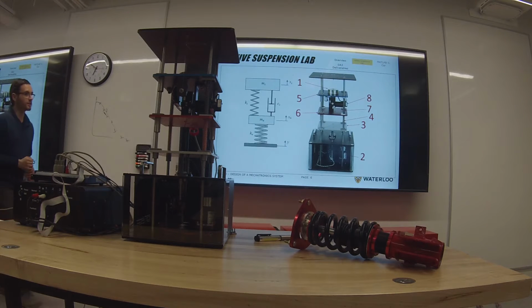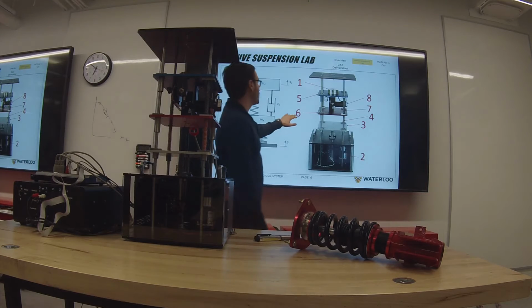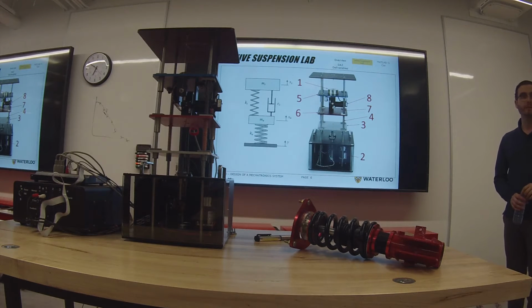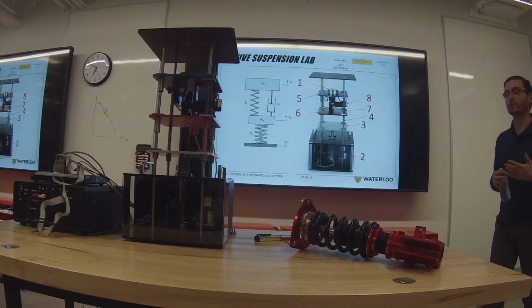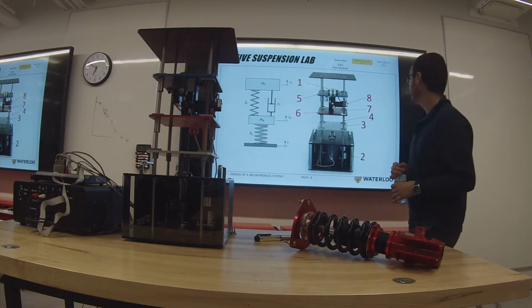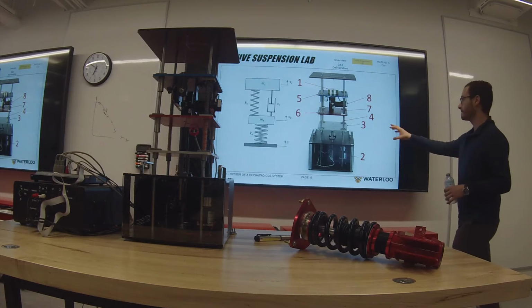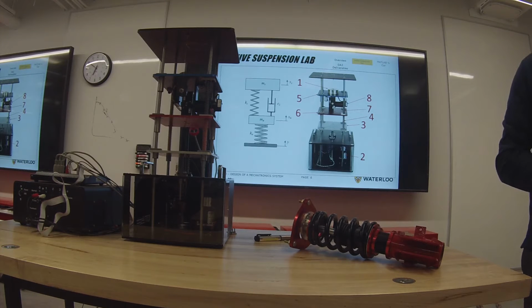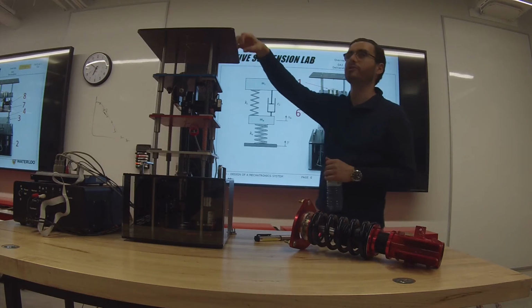Okay, so the next question is basically asking you to identify all of the different components of this system. Okay, it's a match question. You have to match the word to the number. If you're confused about where the arrows are pointing, raise your hand and I'll come clarify it. What you're seeing on the screen is exactly what you're seeing in front of you here.